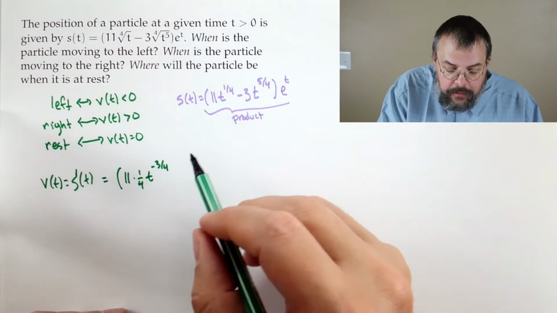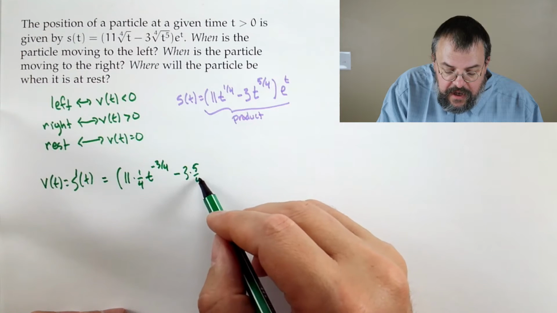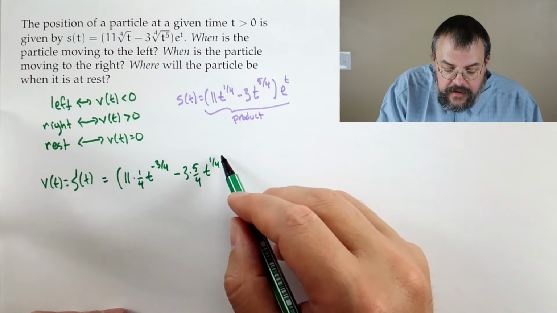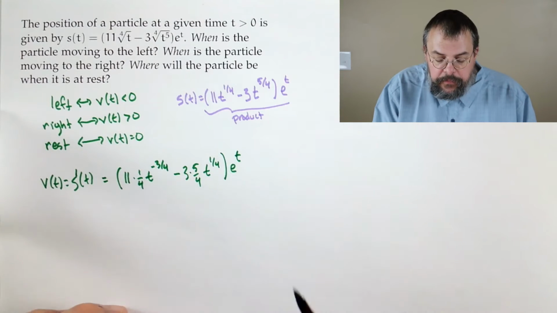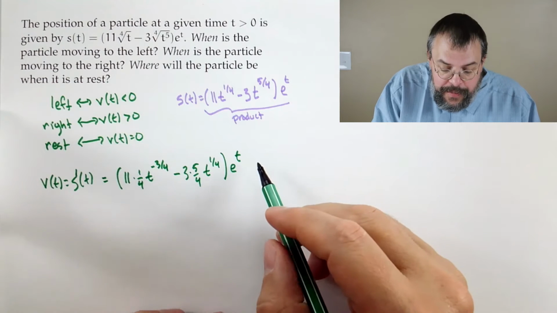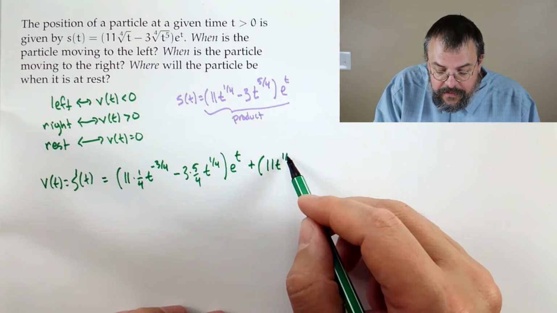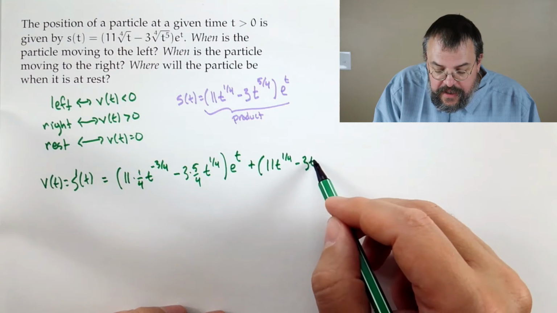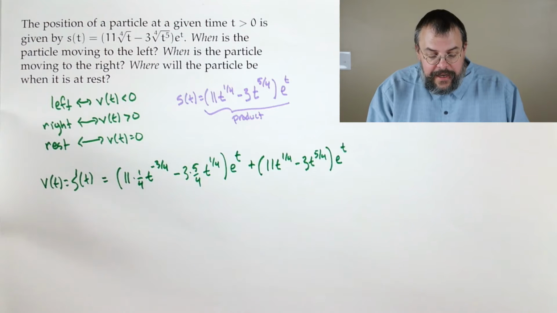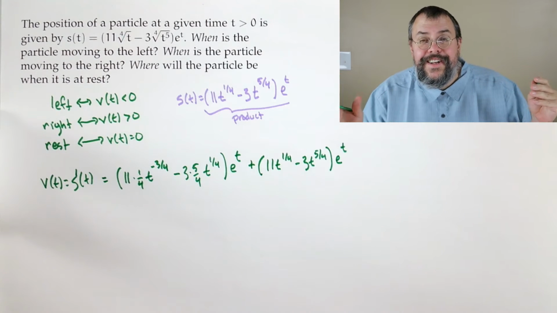And then minus 3. The 5/4 comes down. t to the 1/4. And then the e to the t. All right? Derivative of the first times the second. Plus the first, 11 t to the 1/4 minus 3 t to the 5/4, and e to the t. Okay, so there's our derivative in all of its splendor.